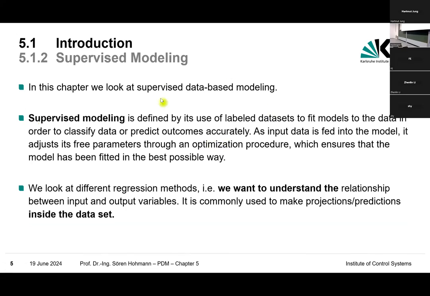Now we want to look at what we can do in our chapter here. There are basically different models which are possible, but we just want to look at so-called supervised modeling. The important aspect is that we have labeled data sets to fit models to the data.